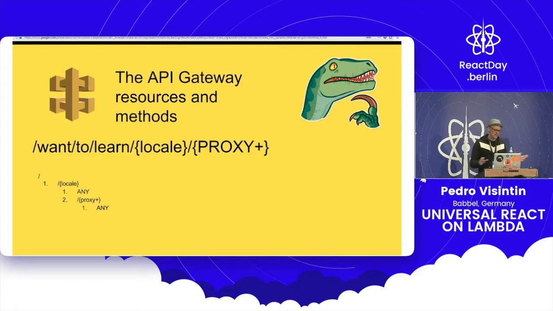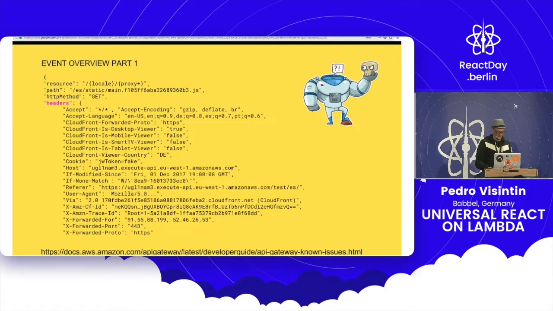So basically, a sample structure of the API Gateway could be something like this. We have the locale as a parameter in the path. Then we have the proxy, and we get everything from there into our function. But in our function, we receive events, not HTTP requests. The proxy integration of Amazon puts all the request into the event.